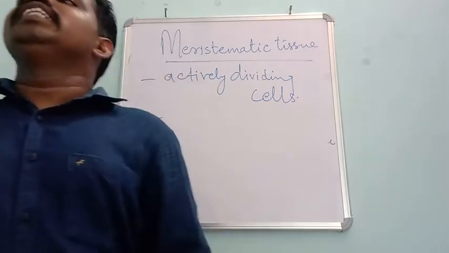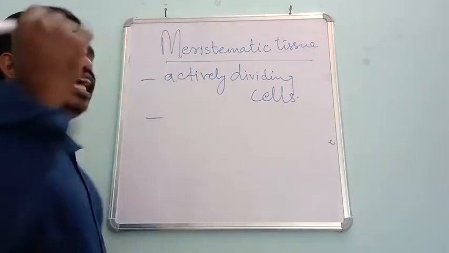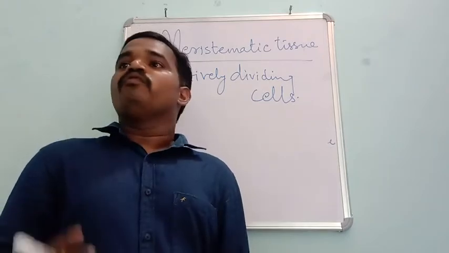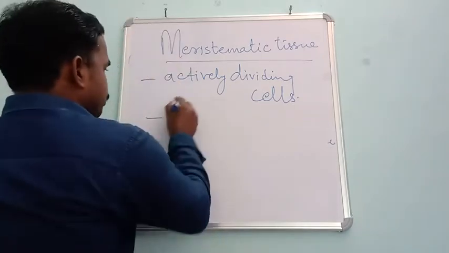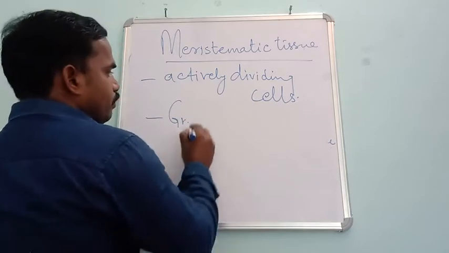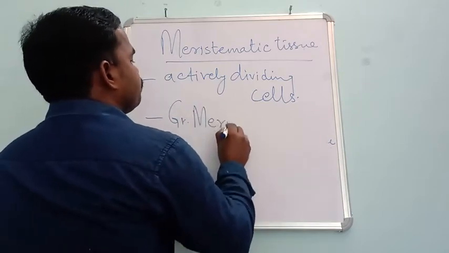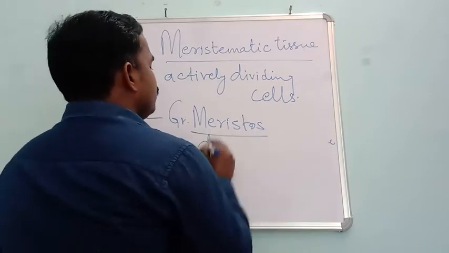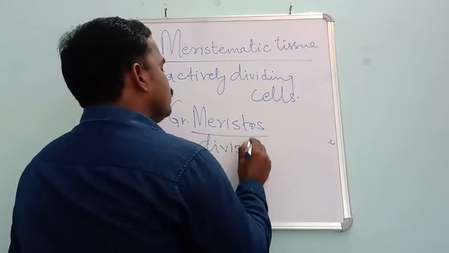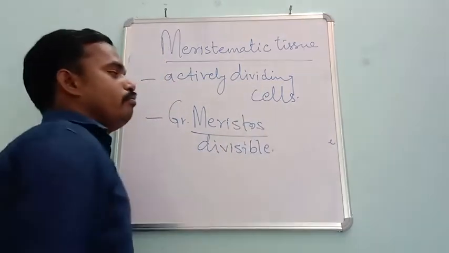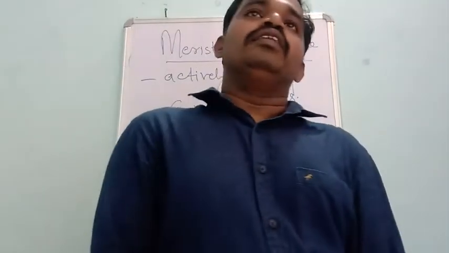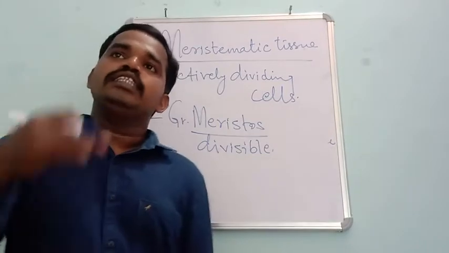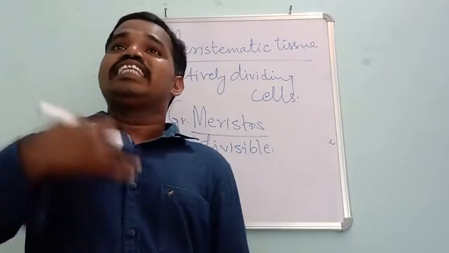Where do we get this word meristem, meristematic? We get it from the Greek word meristos. Meristos means divisible.